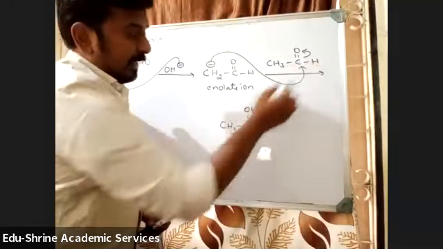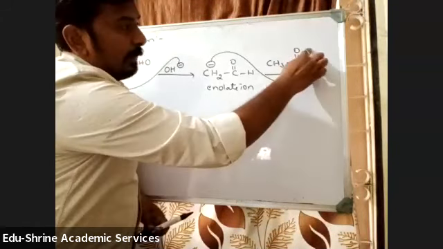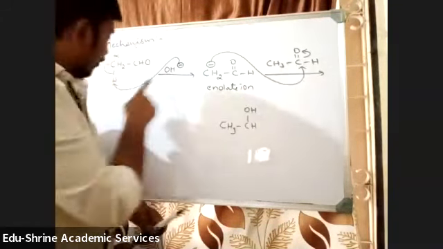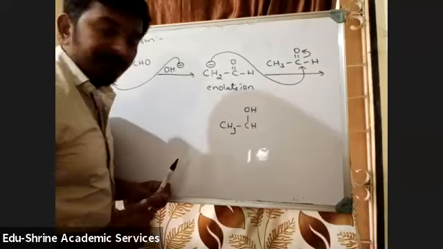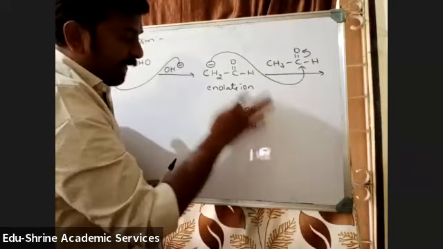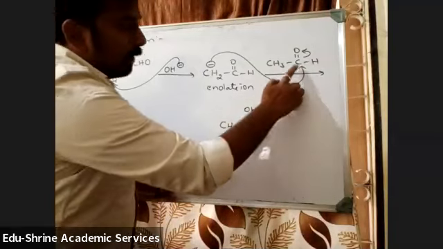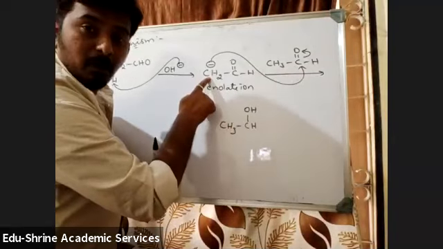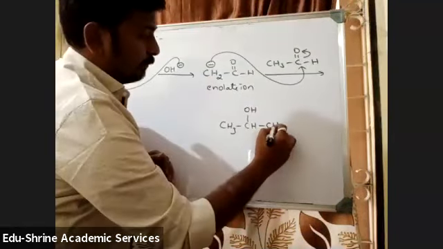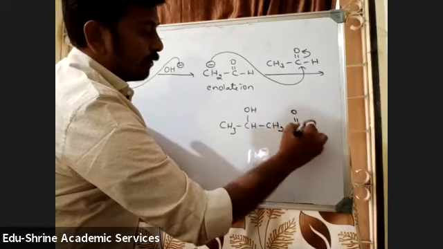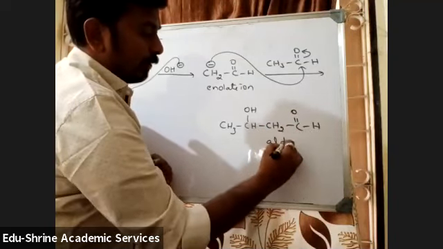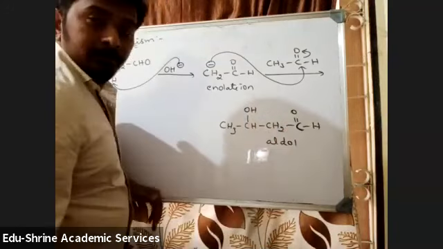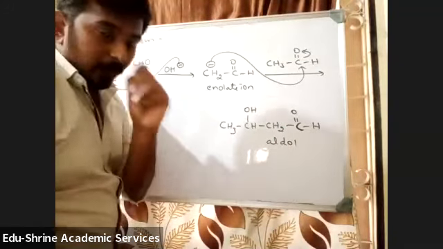To this carbon atom, there is a hydrogen. This will be converted to O minus. One H plus was lost from the compound initially. That H plus will be taken by that O minus. It gets converted to OH. To this carbon atom will be bonded CH2, C double bond O, H. This is nothing but aldol, no? This is nothing but aldol.